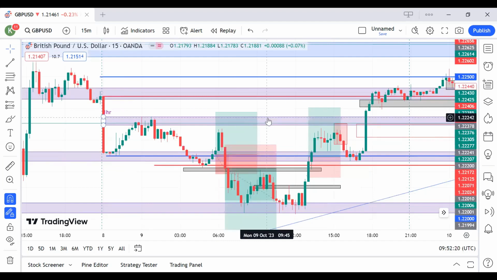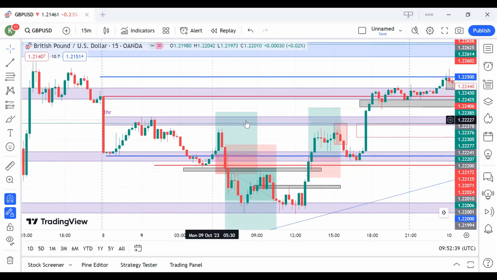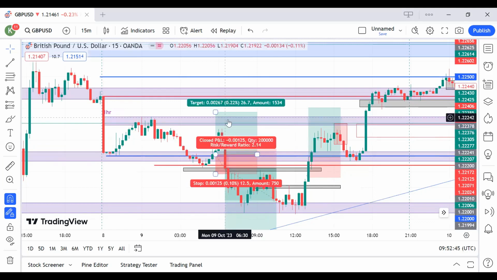Now, when you look, you see that that resistance level was tested previously, after it was broken here. After it was broken here, it gave us what we call BOS. So there's a break of structure here, even though it's not identified as a break of structure, but it's seen as a resistance level. But that's a confirmed entry for smart money once you see that there is a rejection.